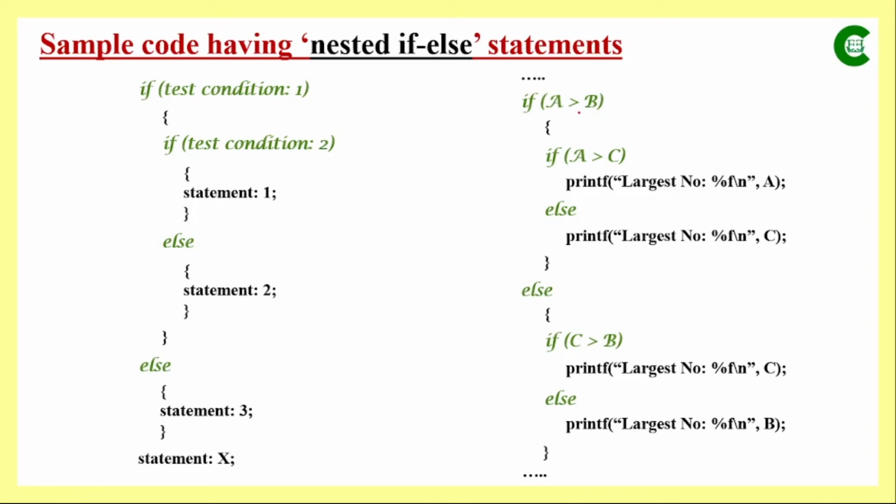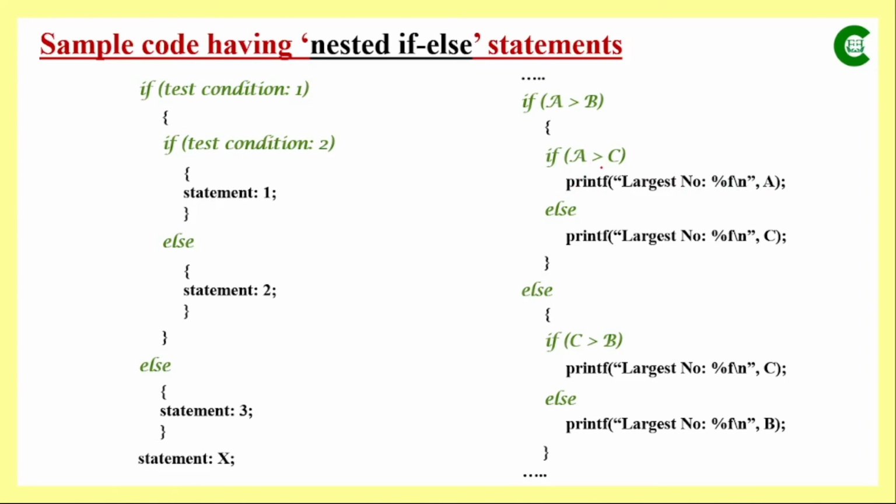If that condition is true, meaning A is greater than B, then we are checking whether A is greater than C or not. And if that is also true, that means A is greater than B as well as C. That means A is the largest, so accordingly we are printing that the largest number is A. And this is as per the syntax of C programs.